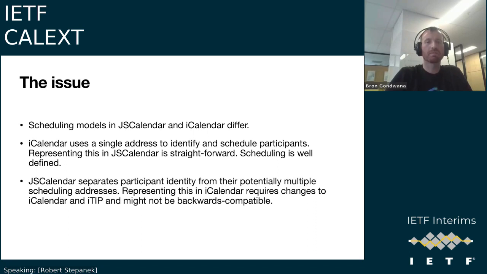And in JS Calendar, we start to separate that. We have a unique participant identity that's independent of scheduling. And this is not something we can currently represent in iCalendar, and we might not even be able to represent this in iCalendar backwards compatibly in the general case.